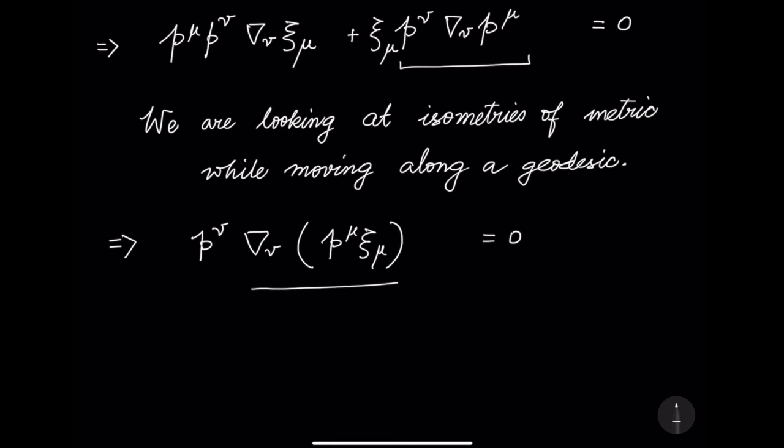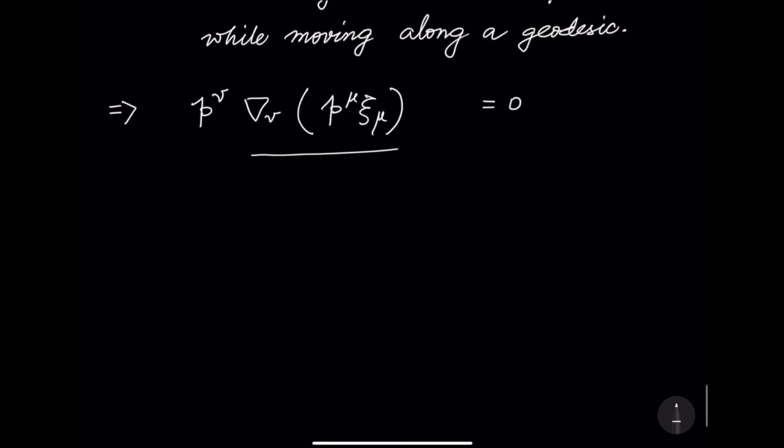So it will keep p outside and operate on xi, that is this term, and then it will keep xi outside and operate on p, and that is this term. So this is absolutely fine. What I have here is a scalar. What this is saying is the covariant derivative of this scalar is 0 along the geodesic.